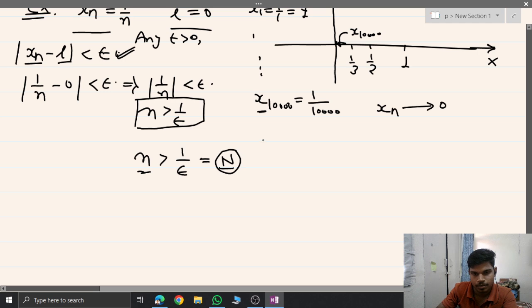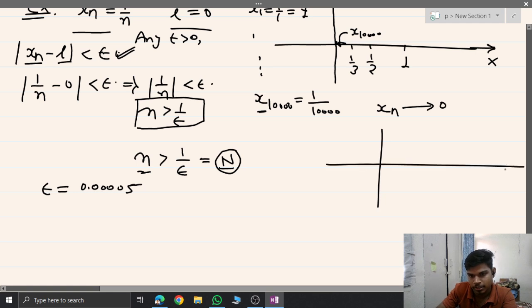Okay. So, if I take a proper logical value of epsilon, suppose I am taking a very small number, 0.00005. It's very small and very near to 0. I'm zooming in. This is my 1, this is my 0, and I'm taking epsilon here. So what is my n for this sequence? n should be greater than 1 by epsilon.